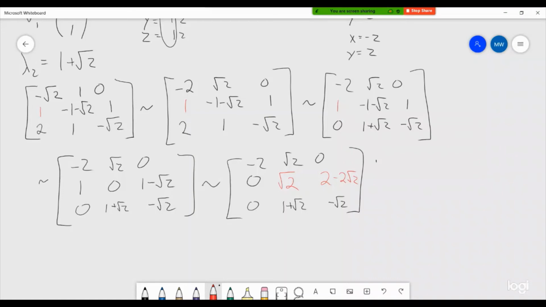Let's see. And then I think dividing the second row by the square root of 2 is going to help. At this point, it's just trying to figure out how can you cancel terms. So we got root 2 minus 2, 0, 1 plus root 2, negative root 2.